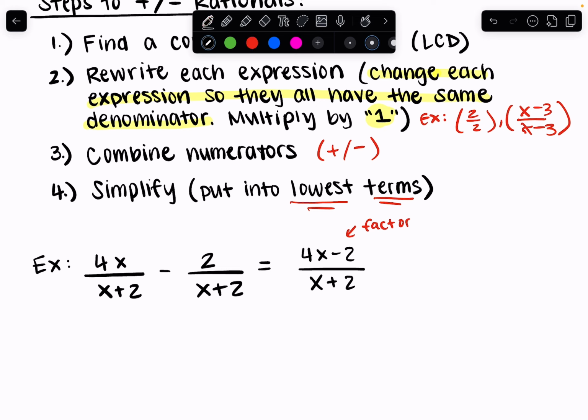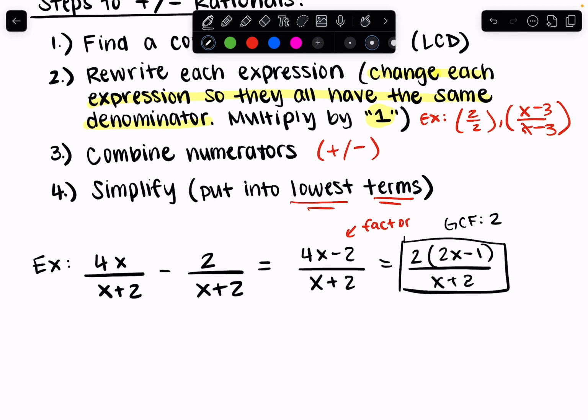For the top part, I can take out a GCF of 2. When I do that, I'm left with 2 times 4x divided by 2 is 2x minus 2 divided by 2, which is 1. So we're left with 2 times 2x minus 1 over x plus 2. We can't do anything else with that, so this is your final answer for this problem.